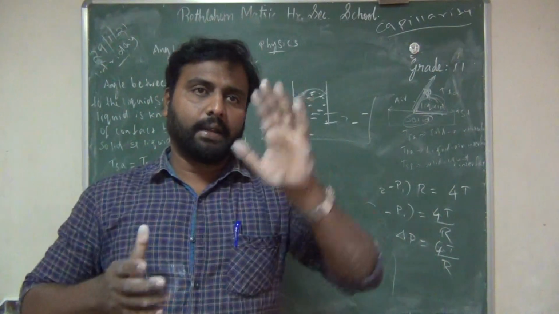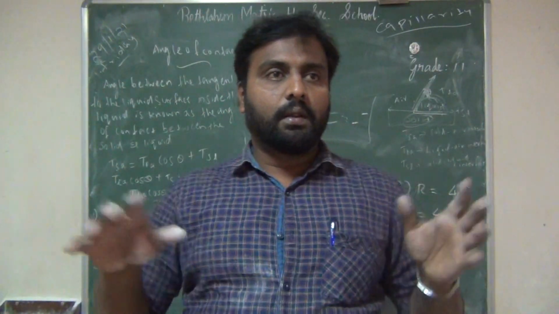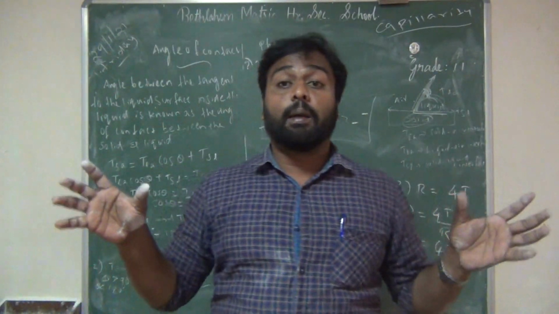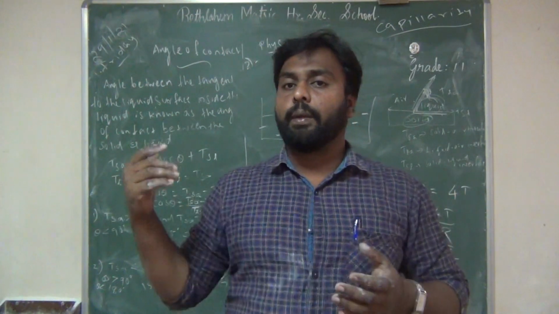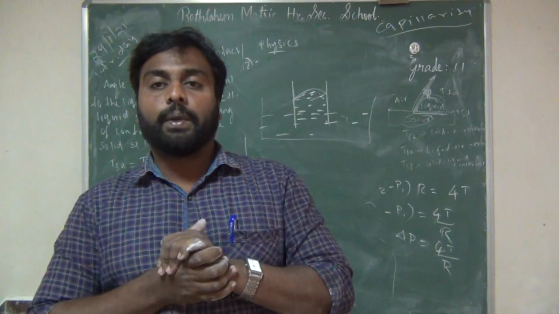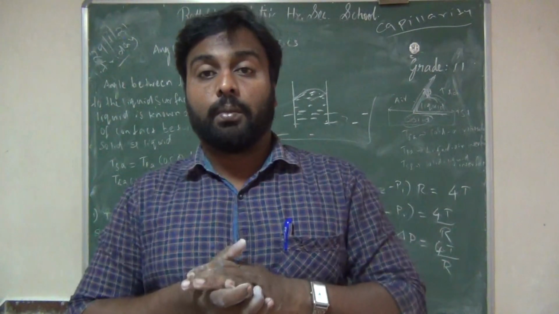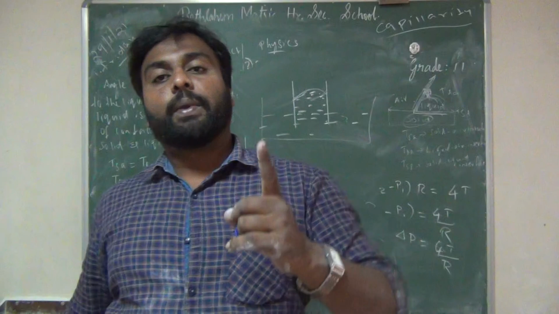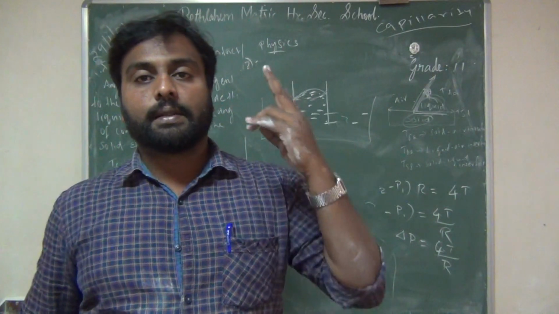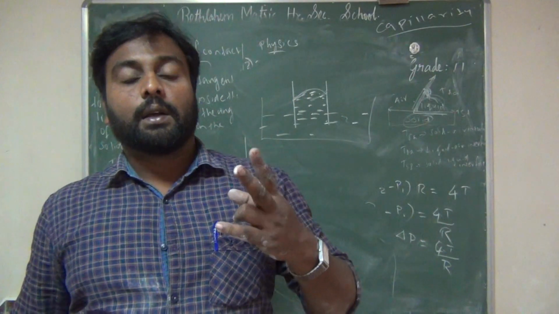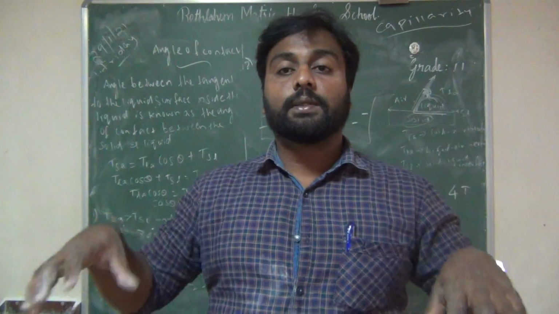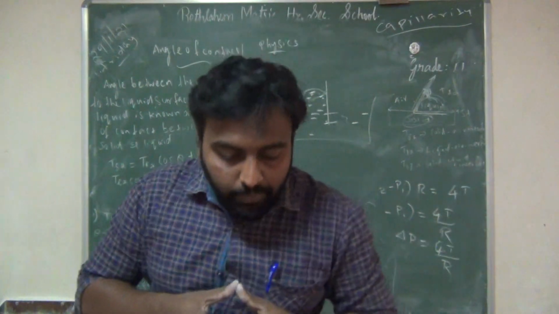So for applications, the first one is the earthen lamp, used by the olden people. In our old houses also, they use this earthen lamp. That is one of the applications of capillarity. The second application is absorbing ink using blotting paper.